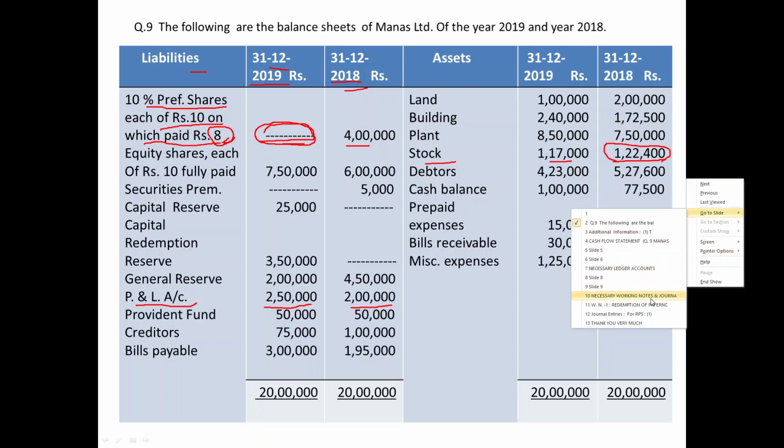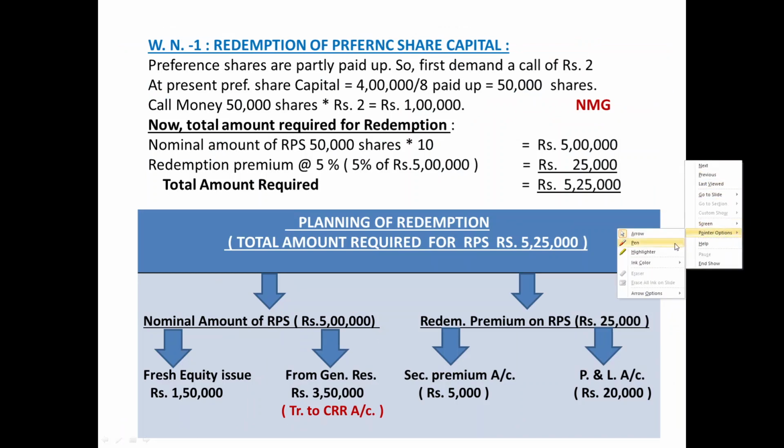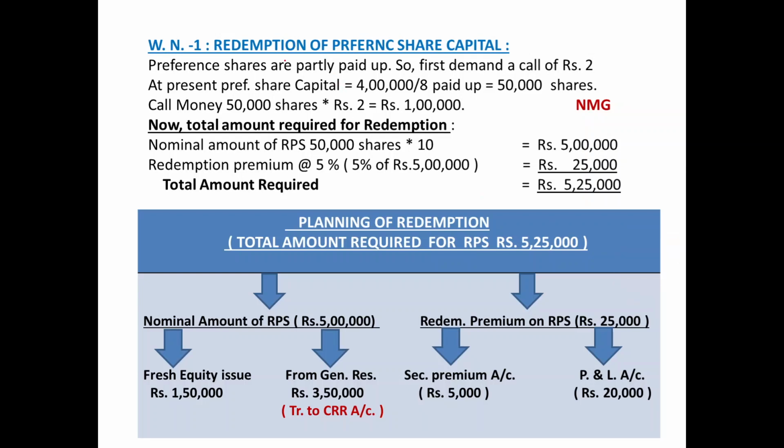Have a look. Working note, redemption of preference share capital. We already prepared one working note for stock adjustment. So now this is working note number 2 for redemption of preference share capital.